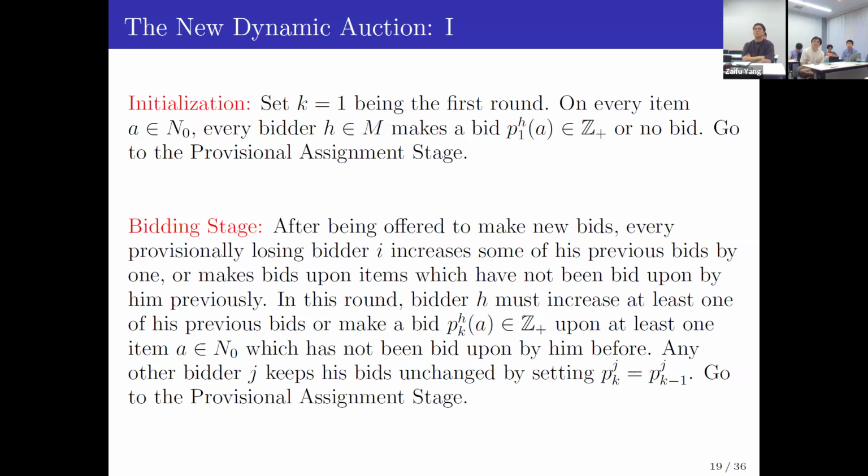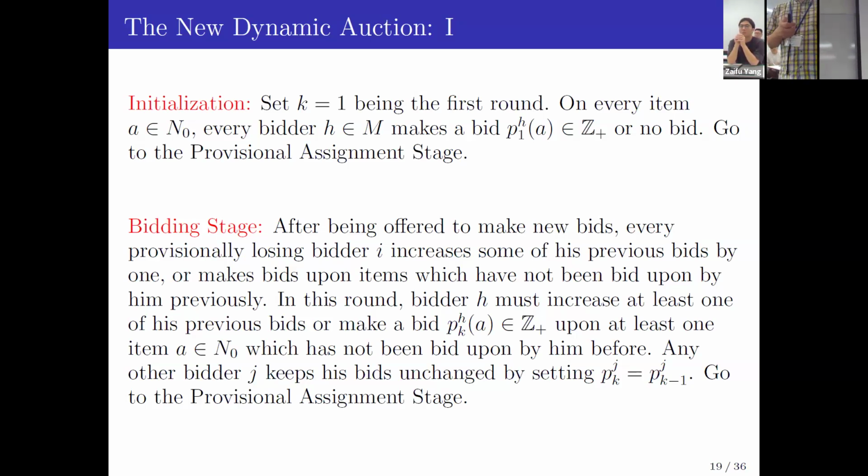After being offered to make a new bid, every provisional losing bidder will increase some of his previous bids by 1 unit, or make bids upon some items which they have never made a bid on before. So the bidder must increase one of his previous bids, or make a bid on an item which he has not yet bid on.